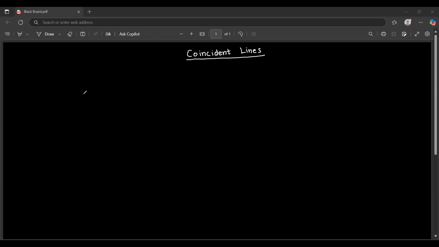So if L1 is the same as L2, what you have to prove is that L1 is parallel to L2 and that they share a common point. If you can prove that, you can say they are coincident. I'll give you an example to easily understand.